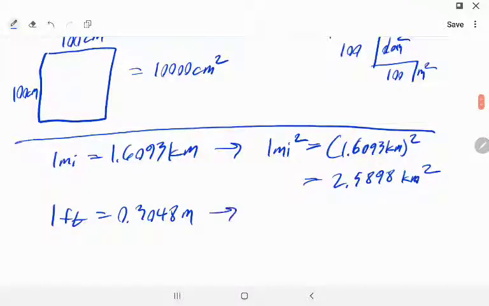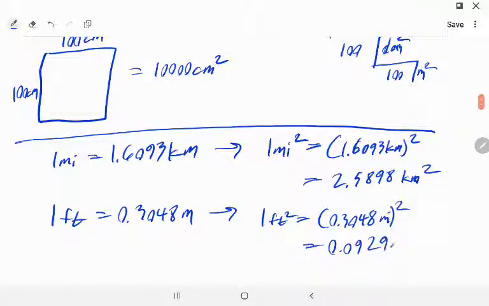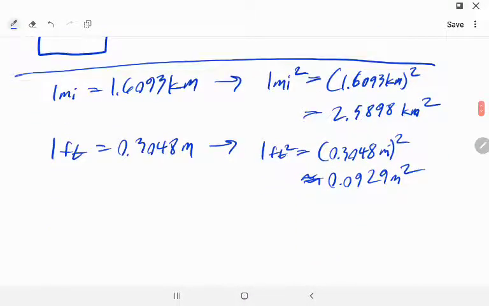That tells us that 1 square foot is equal to 0.3048 meters quantity squared, and that's going to give us 0.0929 square meters. That's going to be approximate, as a few decimal places are dropped off.